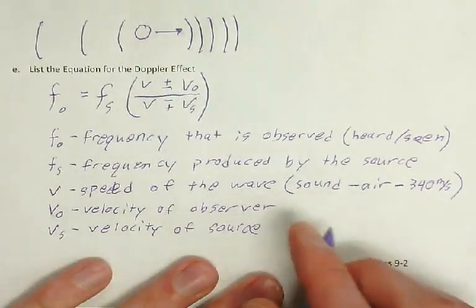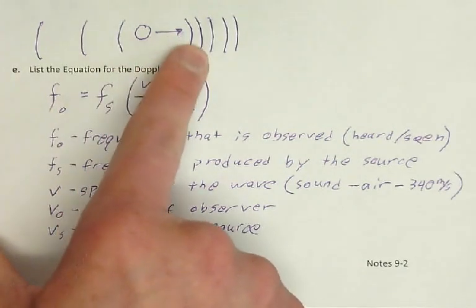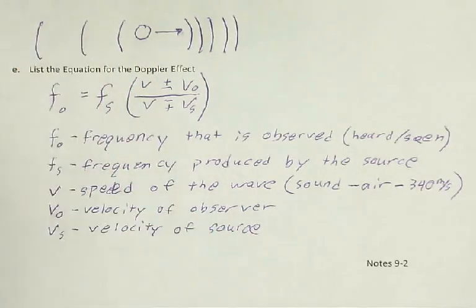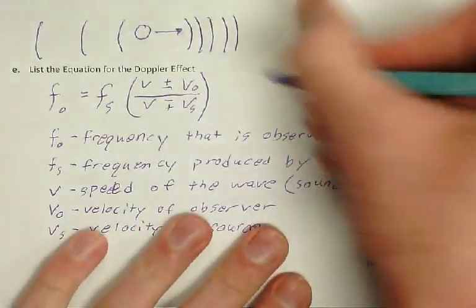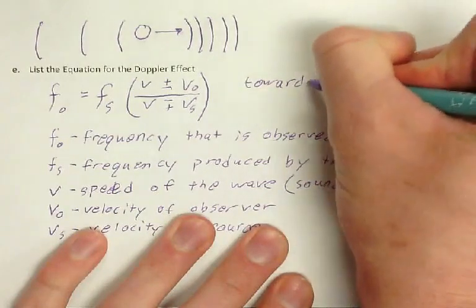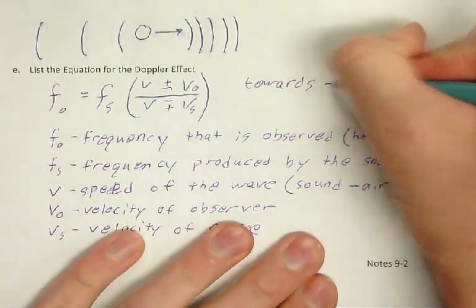When you're solving, you have to figure out, do you use the top sign or the bottom sign? You're not always using the top. You're not always using the bottom. Here's what you probably would expect: going towards the object would use positive numbers, and going away would use negative numbers. But that's not the case. If you go towards, whether it's the source going towards the observer or the observer going towards the source, no matter what it is, use the top sign.